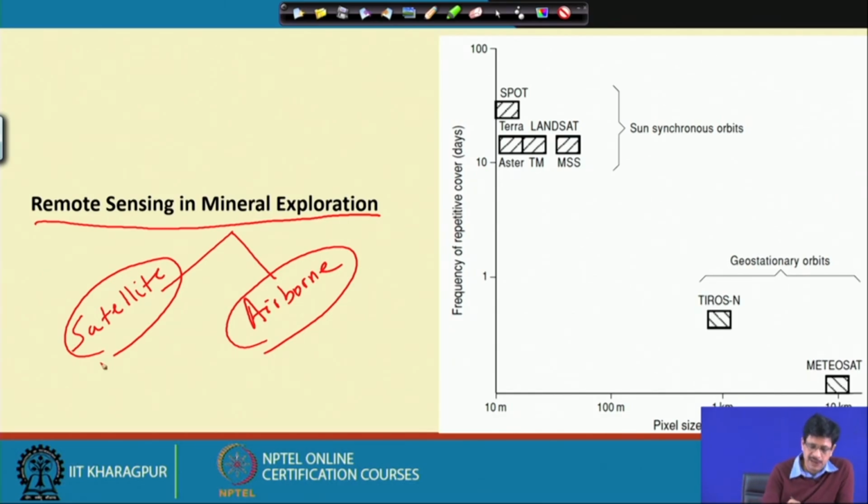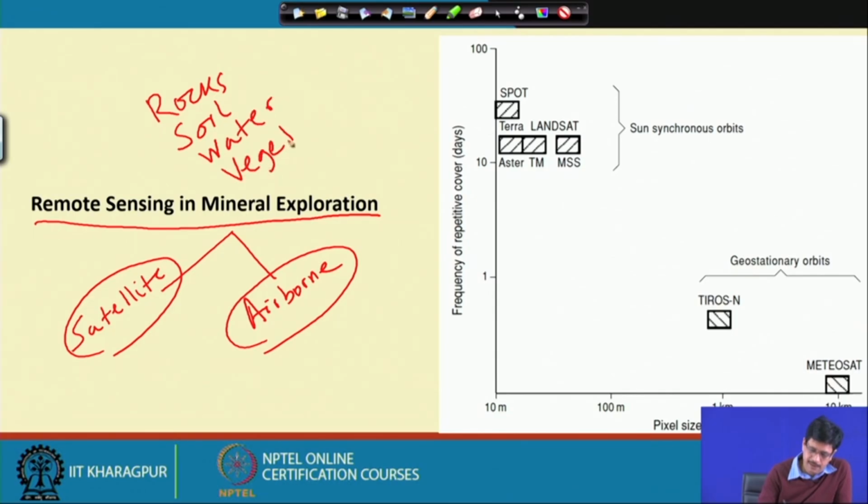The earth objects will be the rocks, soil, water and vegetation. So, in this short discussion on the remote sensing method, we will not consider the airborne methods, which were initially called aerial photographs, which we will not be discussing.